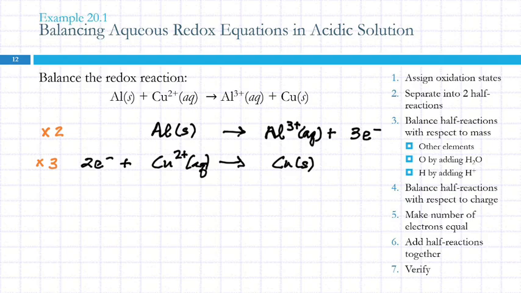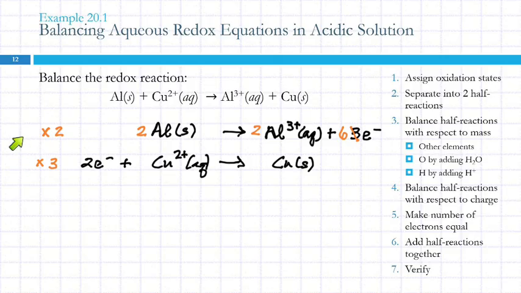I'm going to do it to all the coefficients, because we just got it all balanced. We don't want to mess it up. If you double all the numbers, still balanced. So I'm just going to go through here and multiply by 2, multiply by 2, multiply by 2. The bottom one I'm going to multiply by 3.